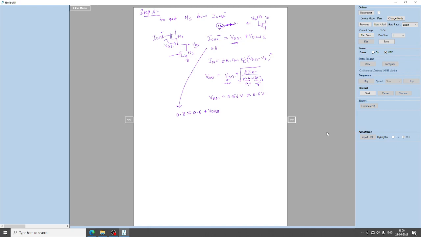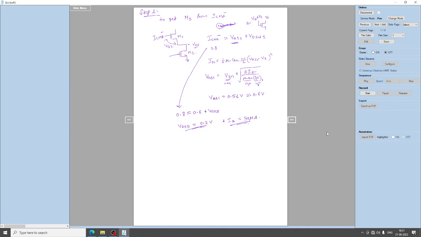So now VDS saturation of 5 is equal to 0.8 minus 0.6, which is 0.2 volt. So now we know the VDS of the 5th transistor is 0.2 volt, and ID of the 5th is the maximum current, the tail current, which is 50 microamps.